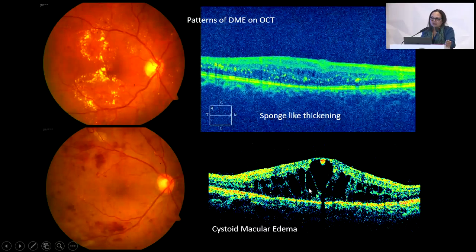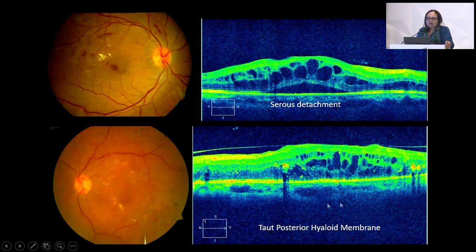Many a time you might see cystoid macular edema, and to me that is important because with cystoid macular edema, I will not push in the laser. I will try to bring down the thickness with anti-VEGF, steroids. That's a different topic, but I would like these cysts to go down before you actually think of doing something more. Sometimes you may have a serous detachment like this sitting out there.